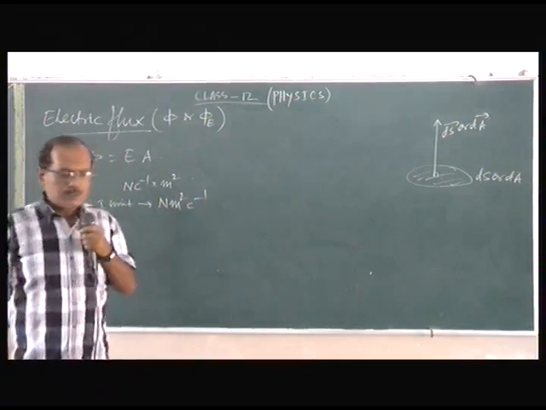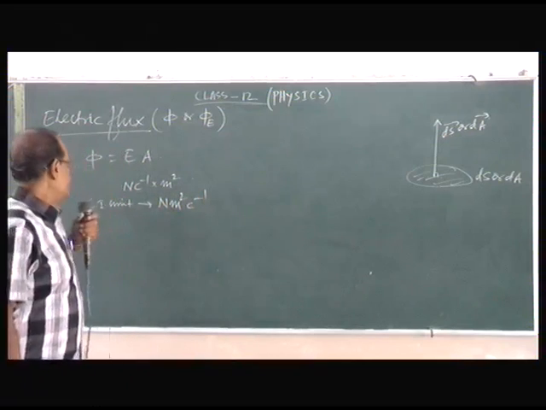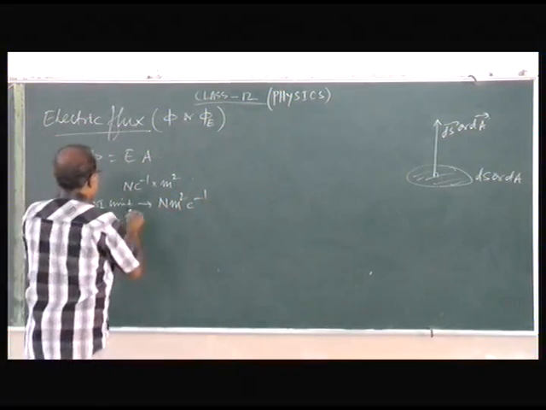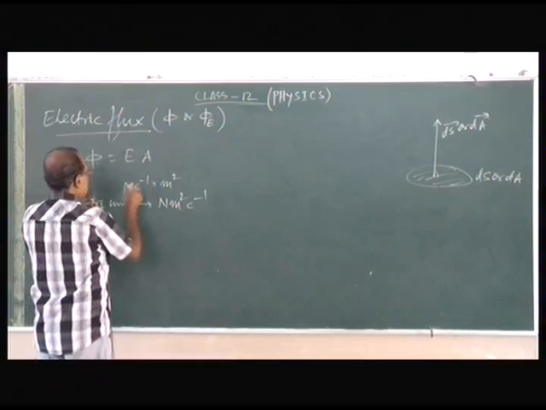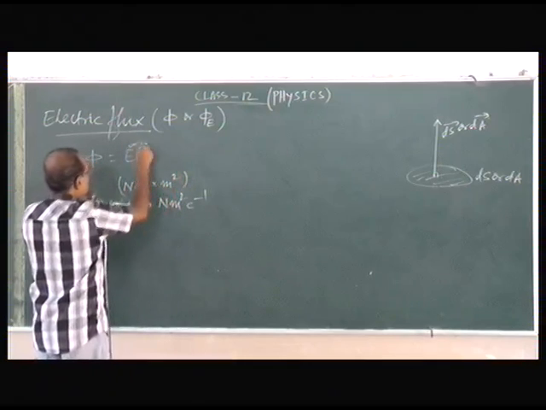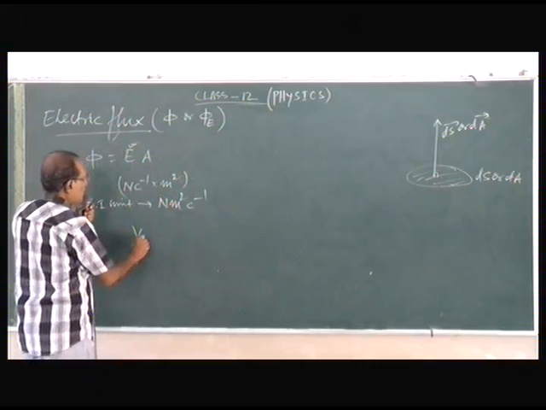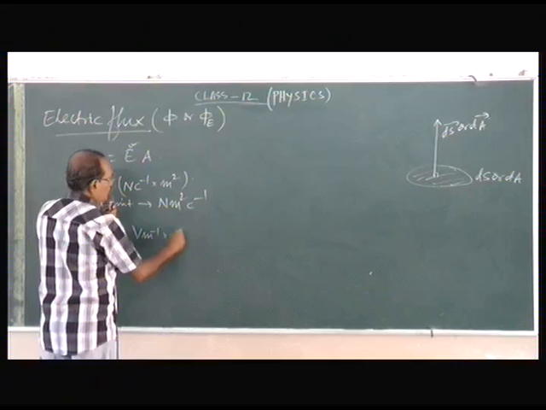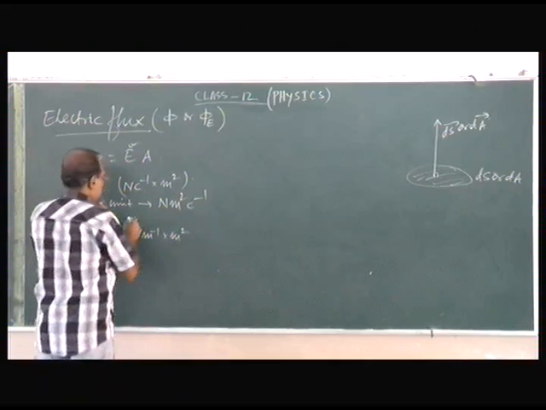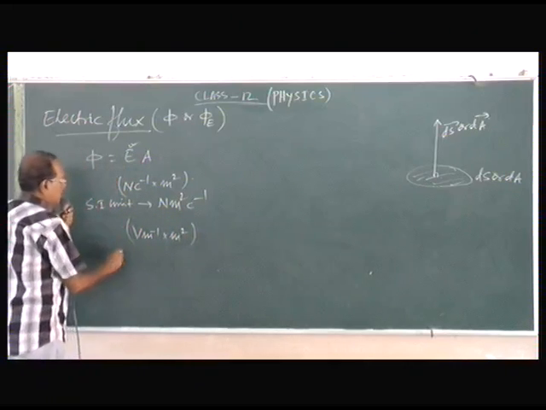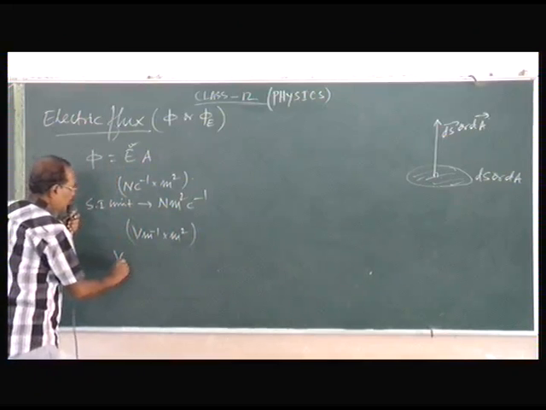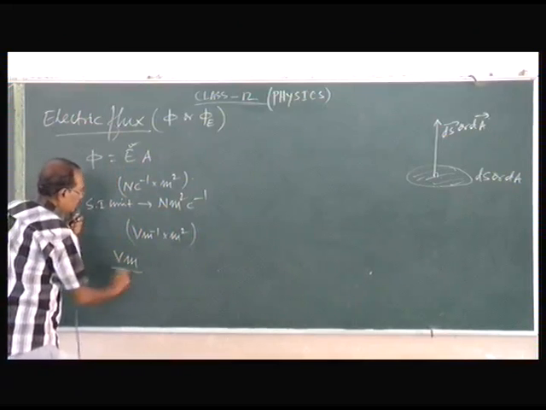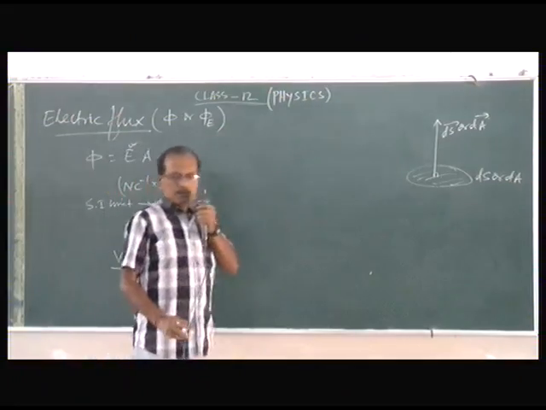The other way also, the unit of E is volt per meter into meter square. So this one will be written as SI unit, another will be volt meter only.